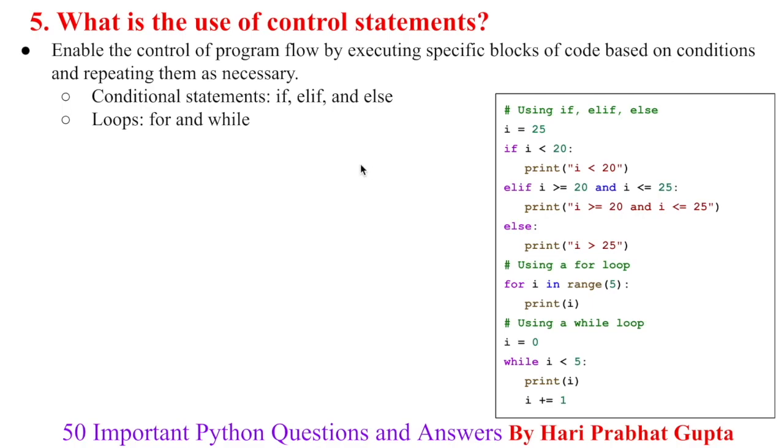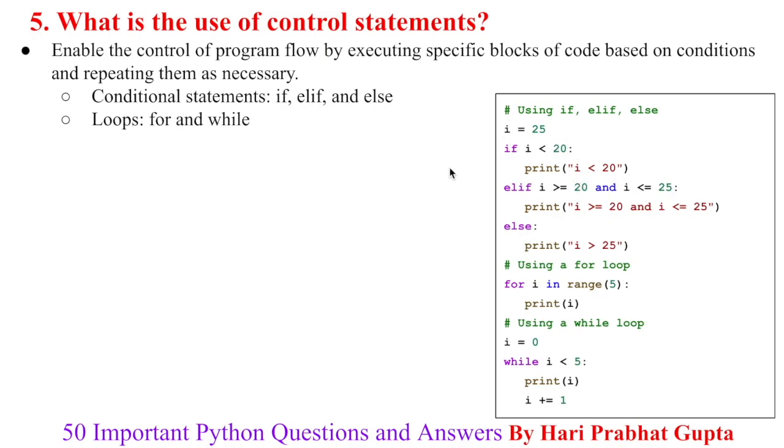Control statements are used to test a condition and execute specific code if the condition is true, else execute another block of code if the condition is false. This allows a program to make decisions based on the user's input, calculations, or other factors.